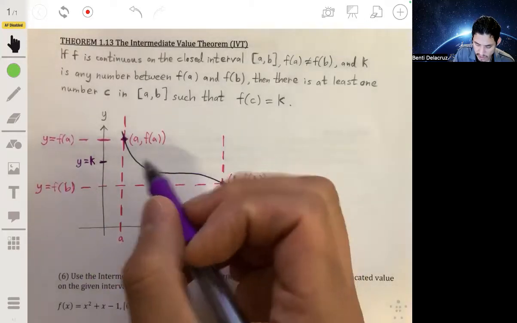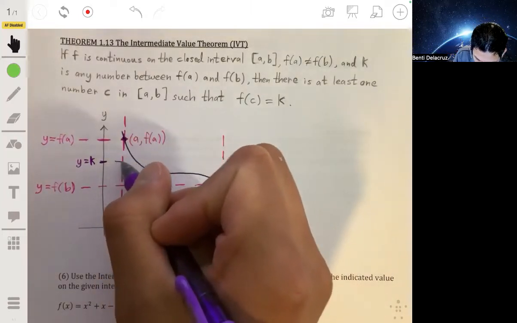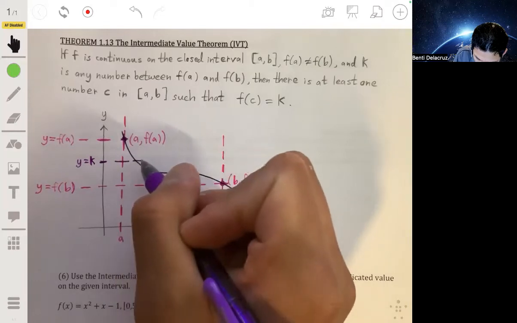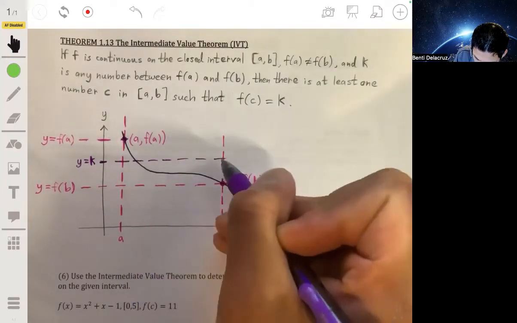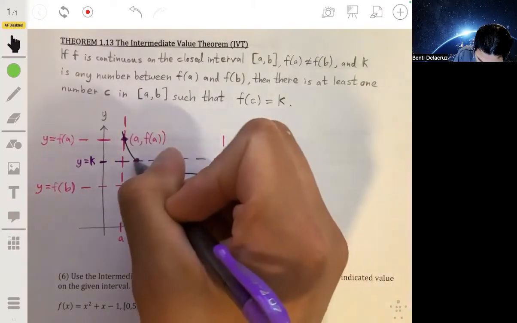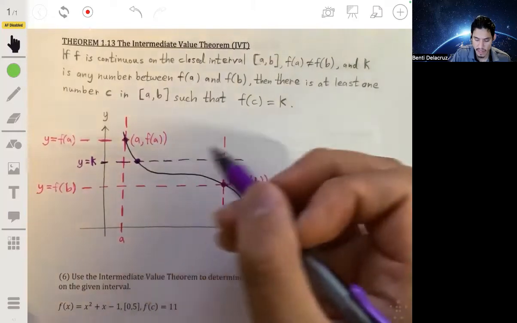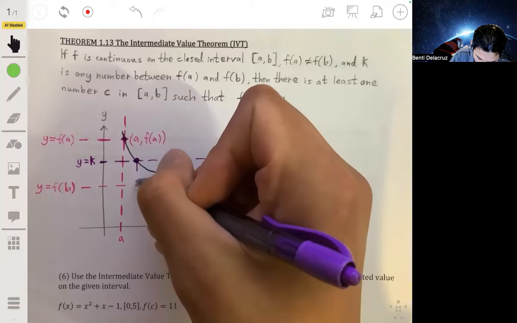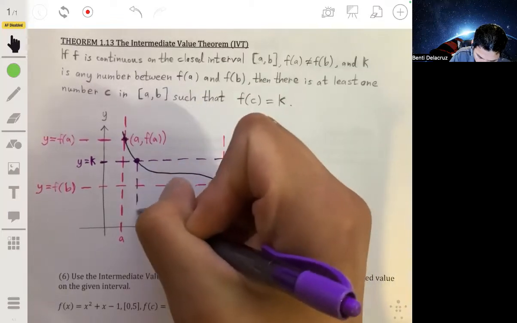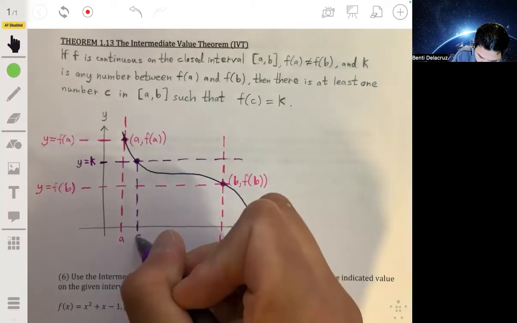In other words, let's draw a horizontal line that represents k, and let's see where it meets the graph. It would be this point right here. Now if you draw a vertical line going downwards, we can see that the x value would be right here. We'll say this is our c value.